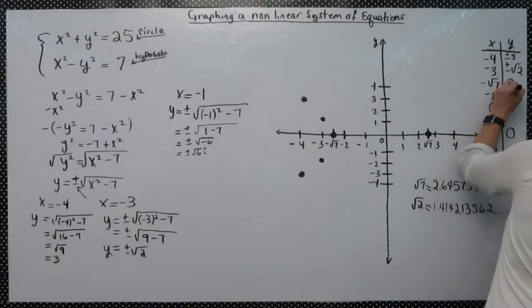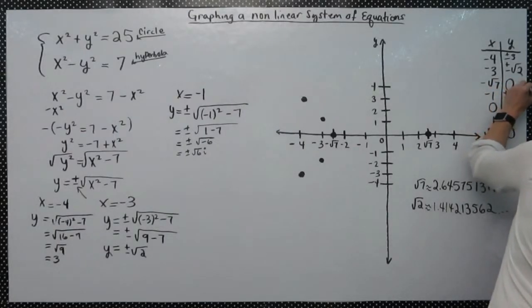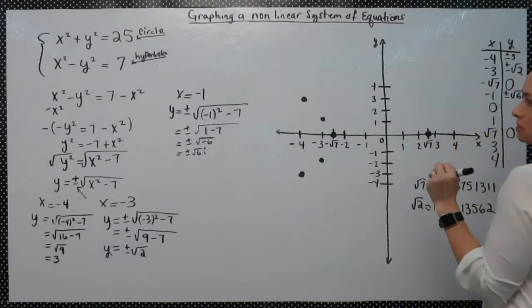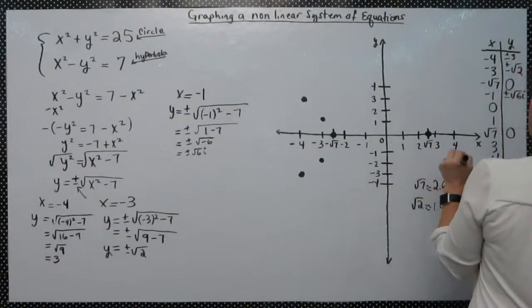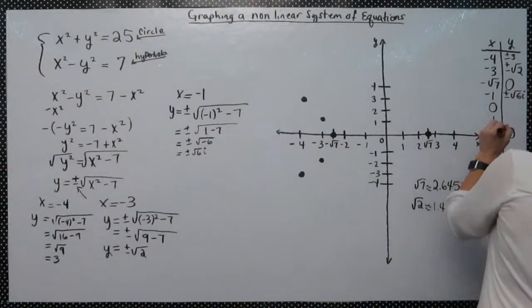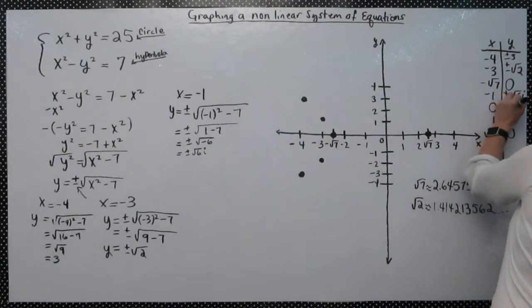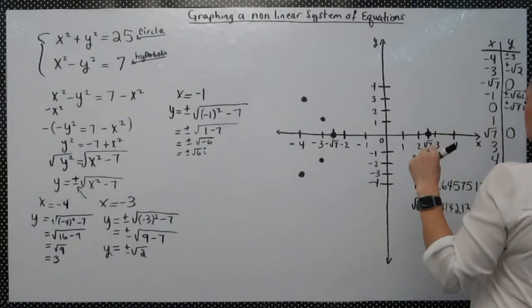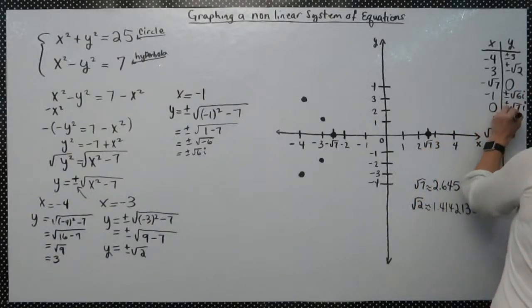And then also for 0, 0 is going to be plus or minus radical 7i. And then positive 1 is also going to be plus or minus radical 6i.